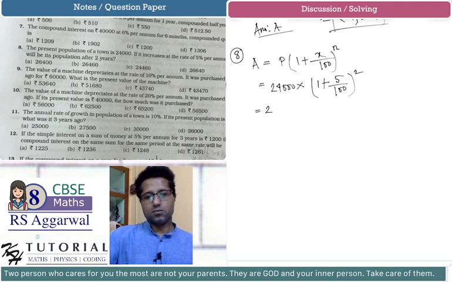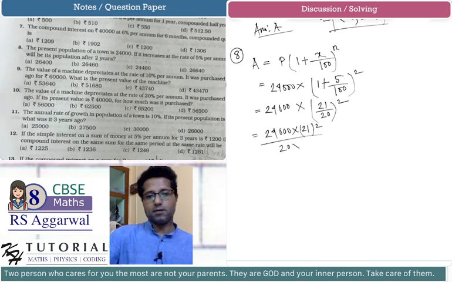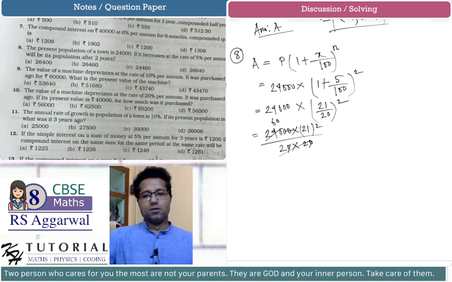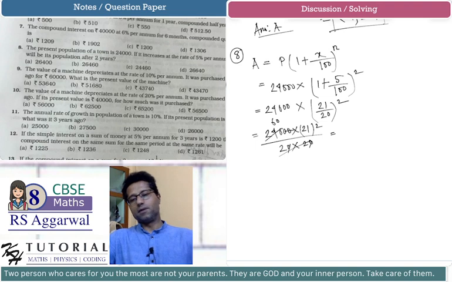This is 24,000 multiplied by 5 by 100 is 1 by 20, and 1 plus 1 by 20 is 21 by 20 square. So this is 24,000 multiplied by 21 square divided by 20 multiplied by 20. So 0 cancels and 4 divides 240 with 60. So this should be 60 multiplied by 21 square.